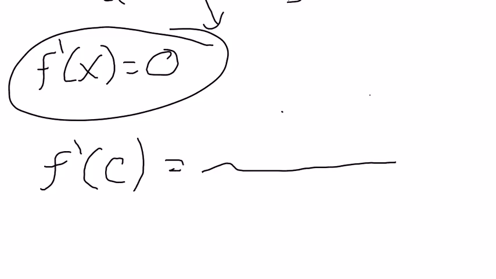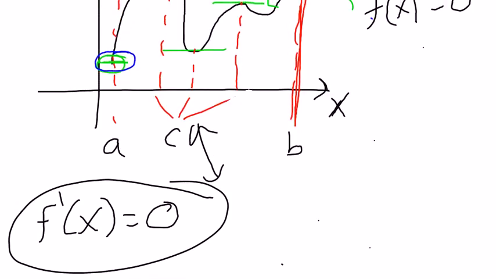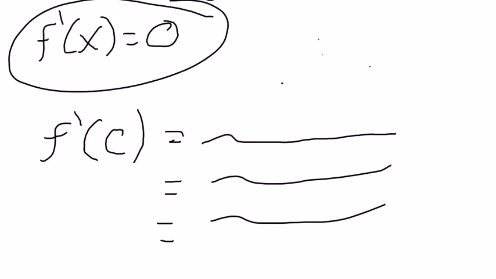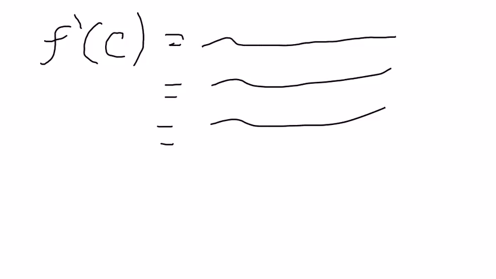So you plug in what you get for a, what you get for your c's, and what you get for b, and those are all going to give you some numbers. Then you analyze those numbers and see which ones are your biggest and which ones are your smallest. Your largest one is going to be your absolute maximum and your smallest one is going to be your absolute minimum value. So that is the overall idea of how you solve one of these problems.